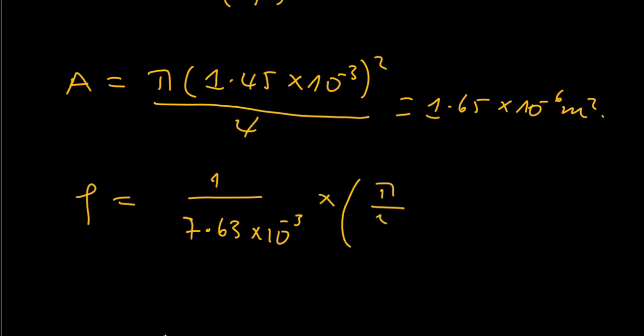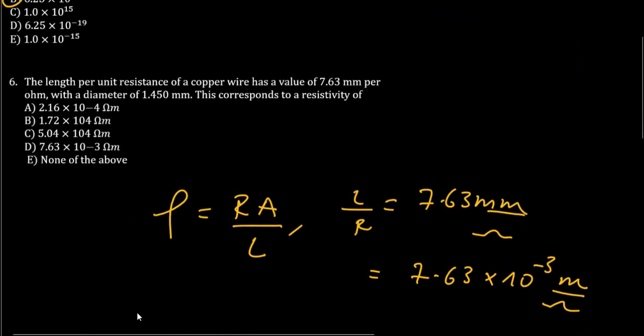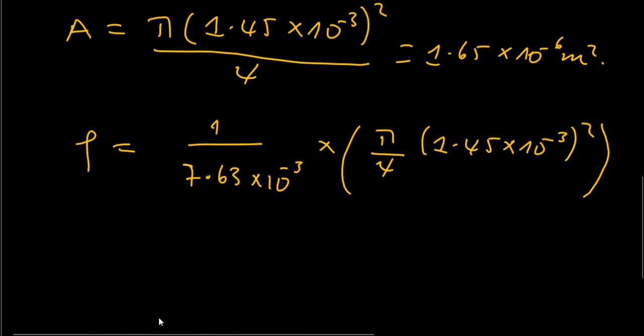I will write it the way it is, 1.45 times 10 to the negative 3, all of that squared. This also reduces approximation errors, so that if answers are too close to each other, this one will give you the exact value. So we are going to punch this.